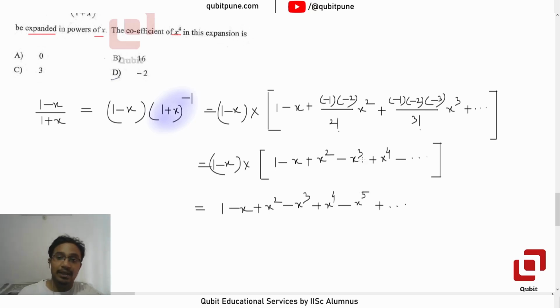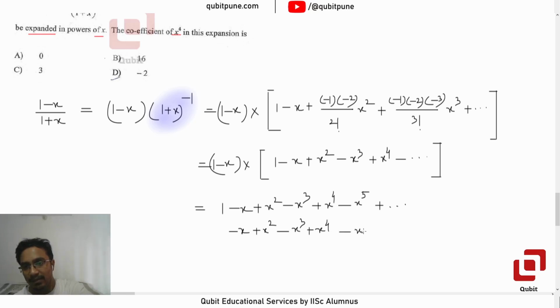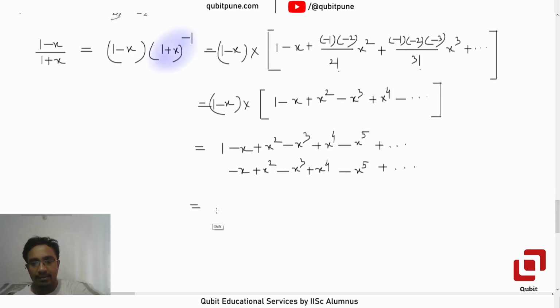Now let us multiply the second bracket by negative x, so it will be negative x plus x squared minus x cubed plus x raised to 4 minus x raised to 5, and so on. If you add this, it will be 1 minus 2x plus 2x squared minus 2x cubed plus 2x raised to 4 minus 2x raised to 5, and so on.